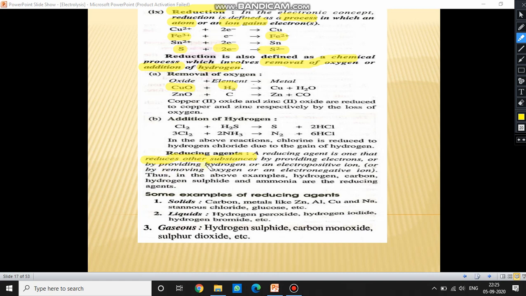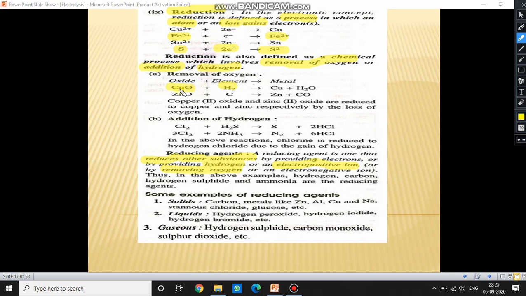Either by providing hydrogen or an electropositive ion, or by removing oxygen. So there are three ways to look at it: either it will provide hydrogen, or it will remove oxygen, or it will provide an electropositive ion.